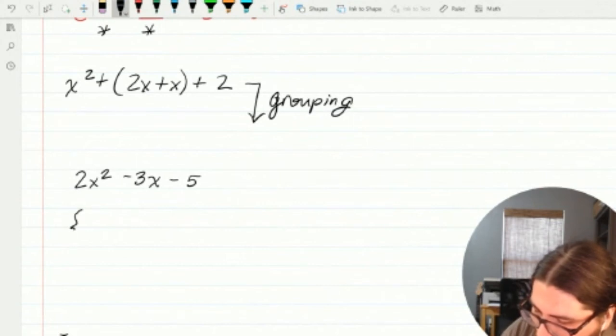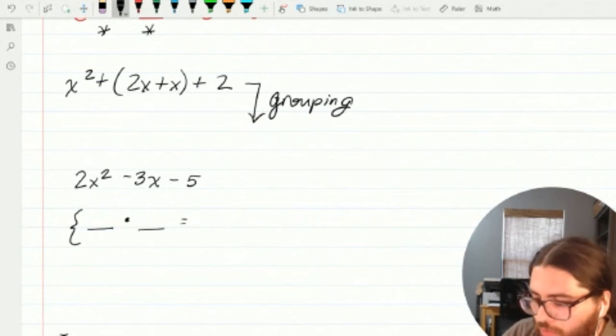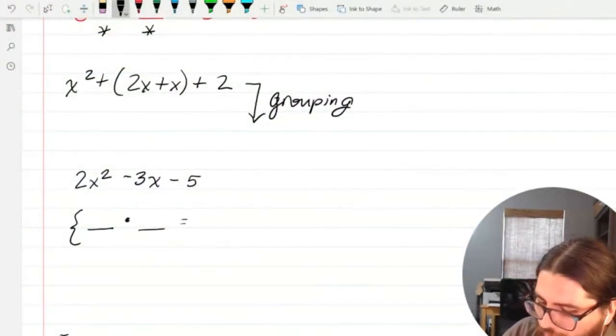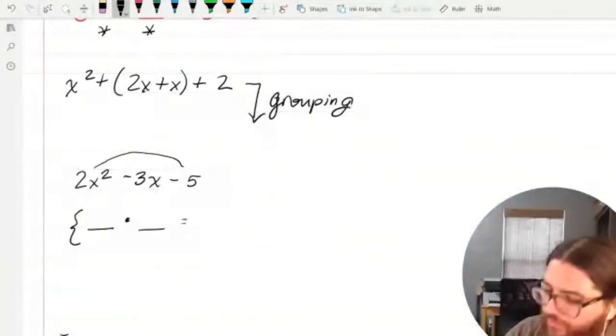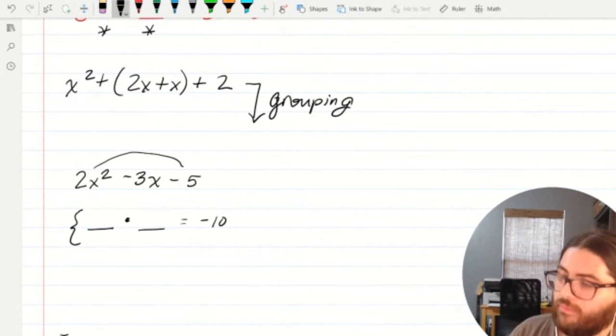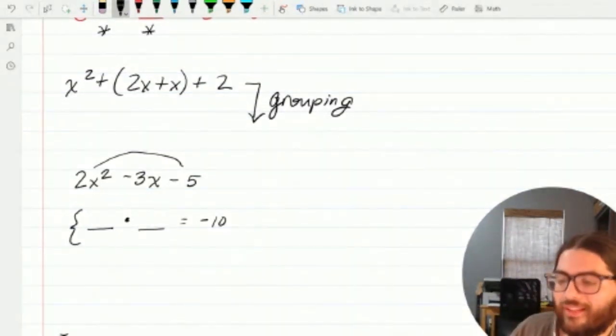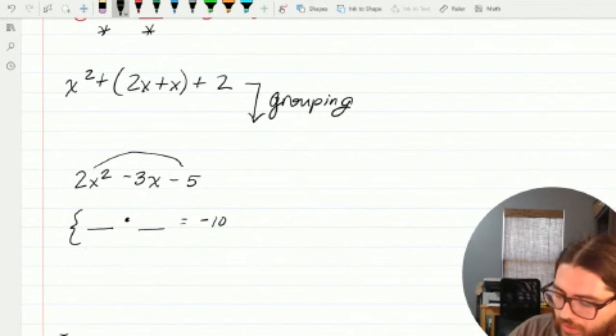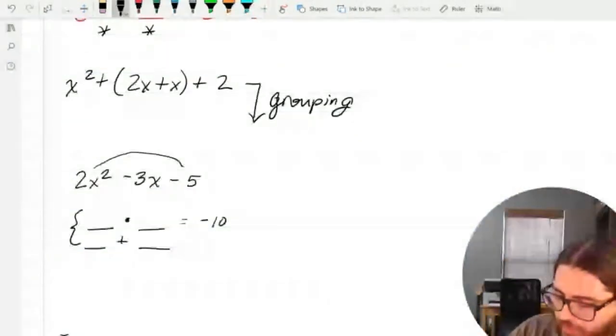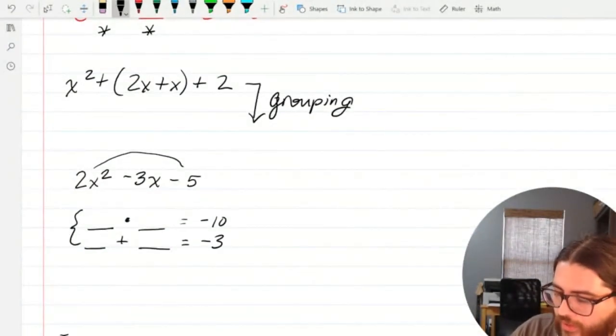I'm going to set up my little system of equations. I'm looking for two numbers which multiply together to be A times C. 2 times negative 5, negative 10. And those same two numbers need to be able to add together to give me negative 3.